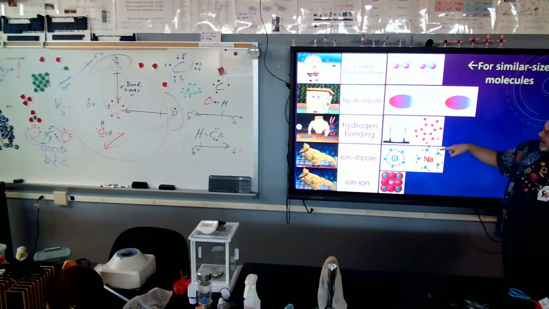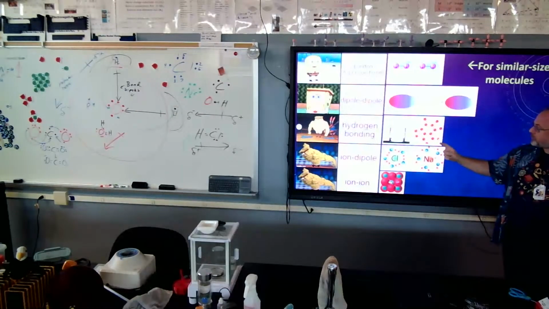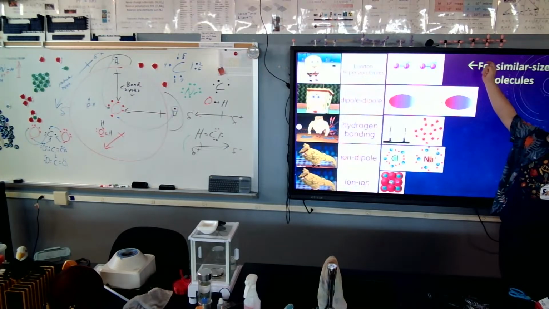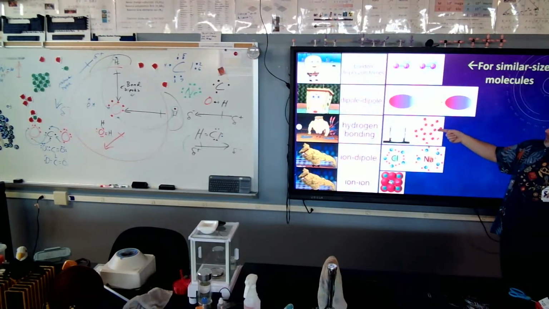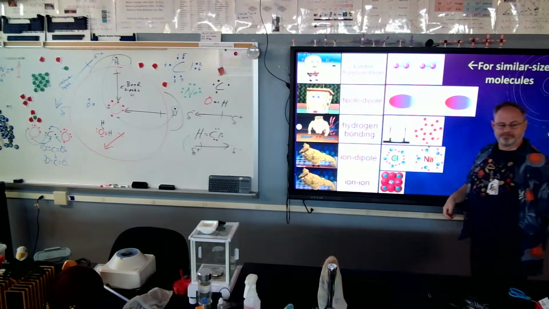And then ion-dipole and ion-ion swap depending upon something you're going to learn next week. Sometimes ion-dipole is stronger than ion-ion. Sometimes ion-ion is stronger than ion-dipole. For similar sized molecules: weaker, stronger, strongest. Give me a thumbs up if you understand so far. Moving on.